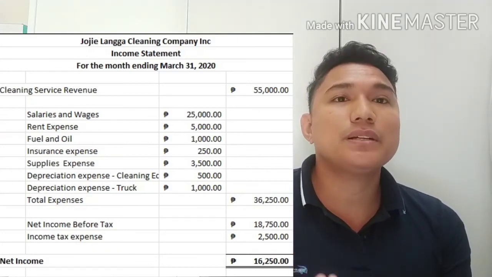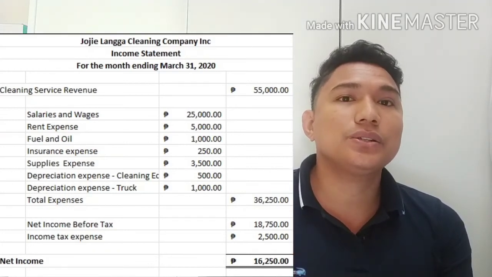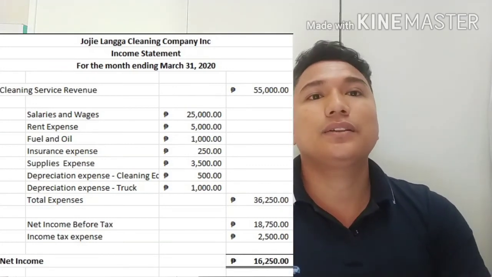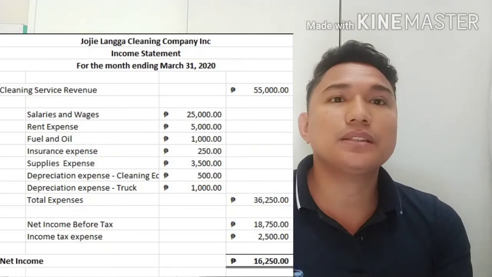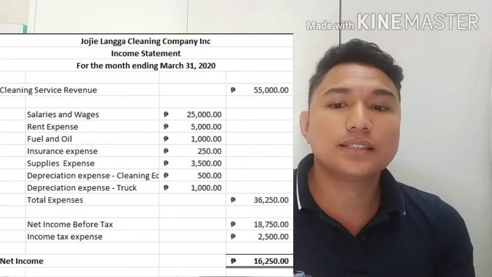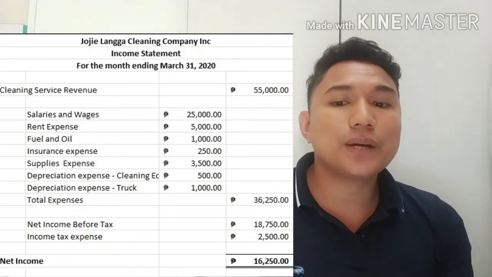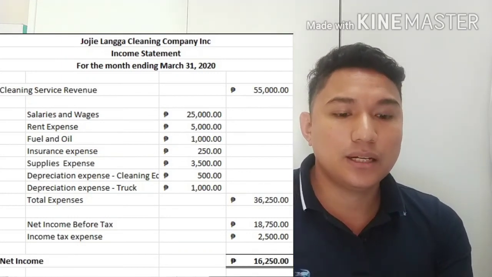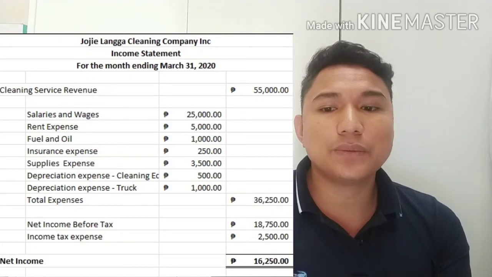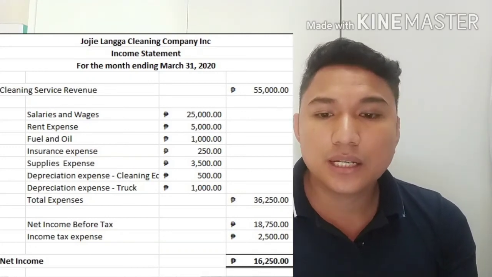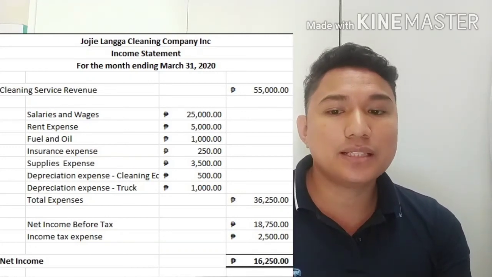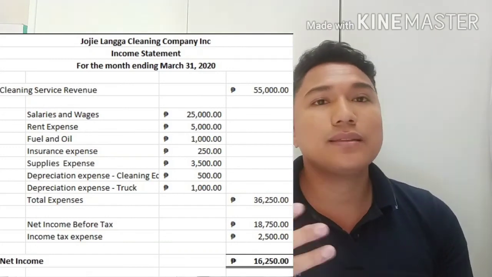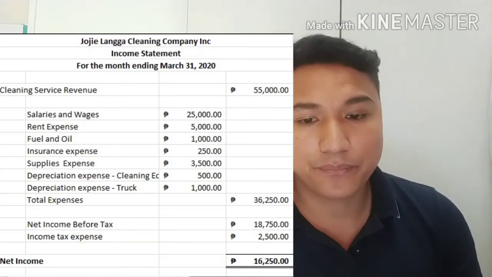So I can stay here because my future is still secured. If this company is not earning, then it's time for me to find another job. Also you can notice the expenses, how they spend. Are they spending too much in salaries and wages, or too much in rent expense? So you can see expense account per account, how the company spent.